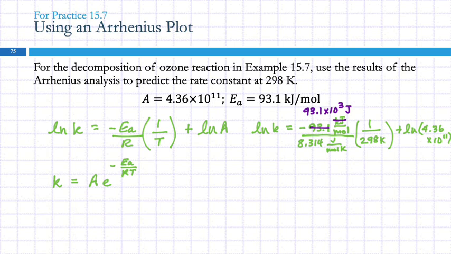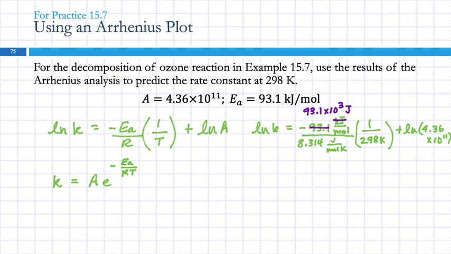Now it's in joules. And I didn't really have to do any kind of a calculation, right? It's not proper scientific notation. Your calculator doesn't care. We can just type this in and we'll get natural log of k.